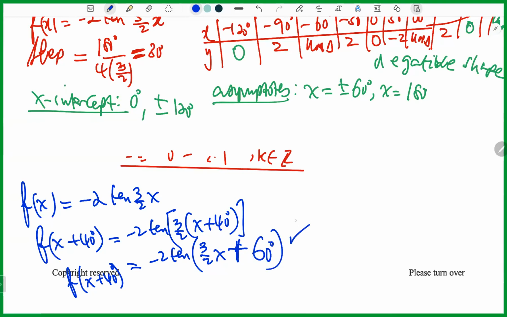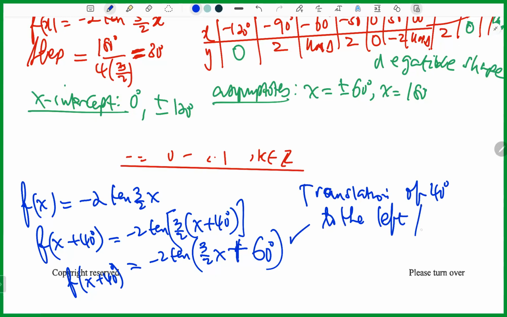So that's what happened. So it was translation. Translation of 40 degrees to the left. Okay, because the 40 degrees was added, so it was a translation of 40 degrees to the left.